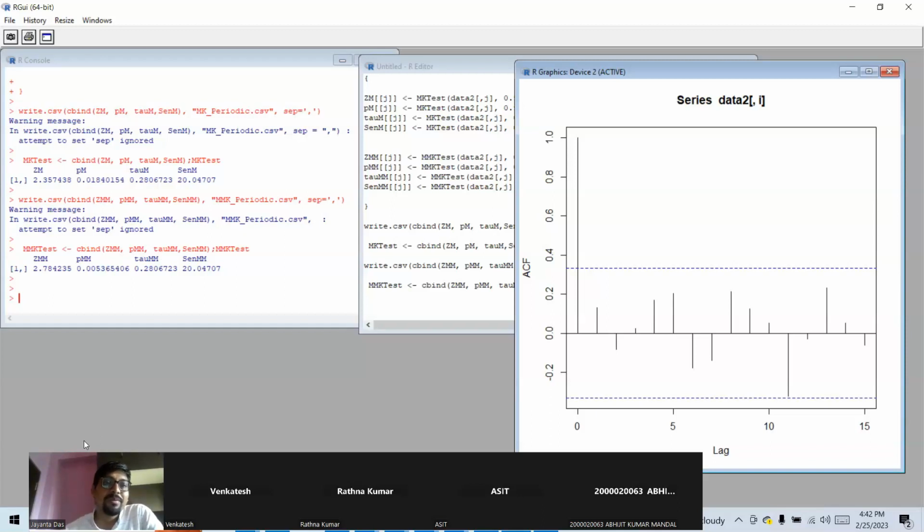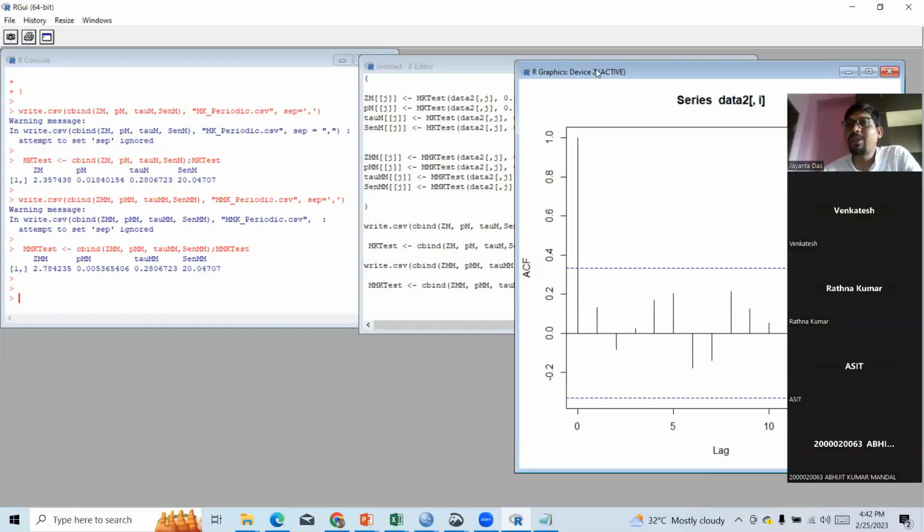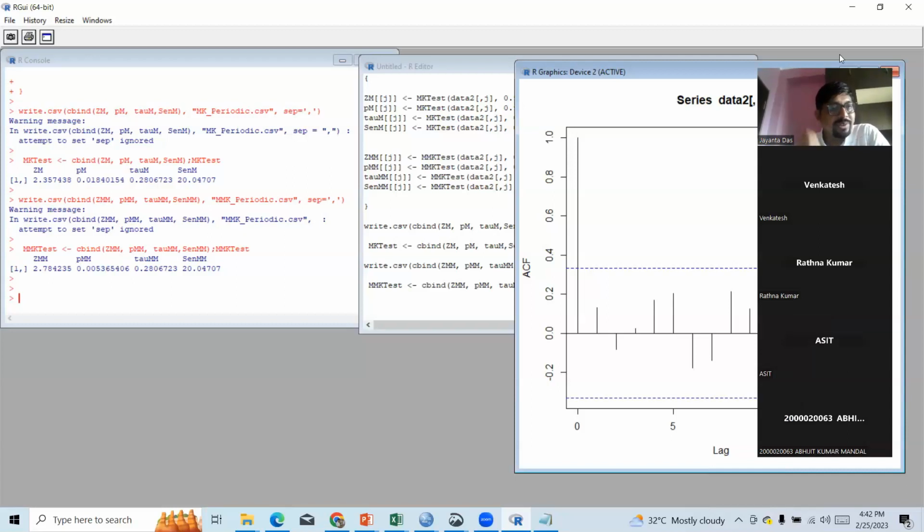Now, already we have calculated using our method the Z value 2.35.